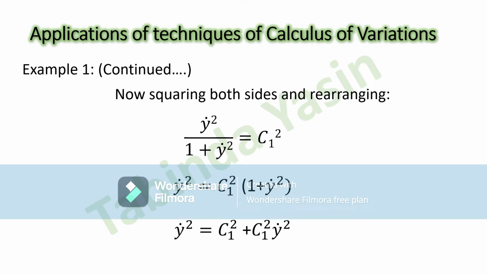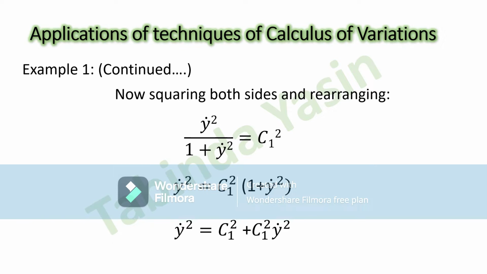As we are discussing the applications of techniques of calculus of variation, in this we are going to continue with the first example. The last work we did was the value of C1, that was y dot over square root of 1 plus y dot square is equal to C1.